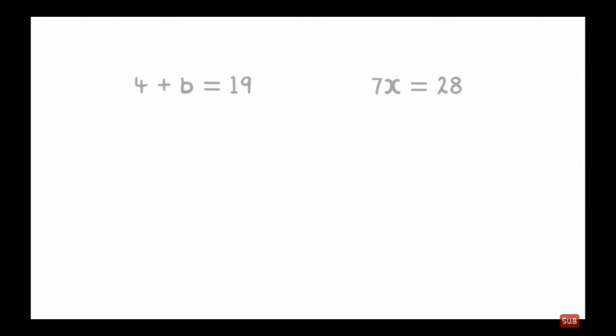If there's no sign though, we know that it's a positive 4, so you can think of it as being a plus 4, which means that to get rid of it, we just subtract 4 from both sides. So on the left, the plus 4 and minus 4 will cancel out to leave us with just b, and on the right, we'll do 19 minus 4 to get 15. So b equals 15.